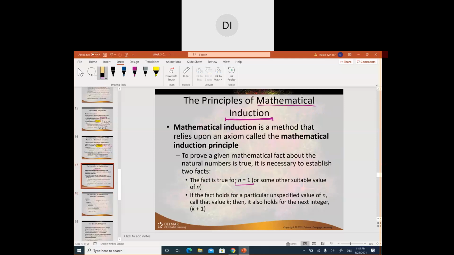So I'm just going to talk about it in general. You're going to prove for n equals 1, is it true? Then after that, you're going to assume that it is true for n, and then you're going to prove it for the next one. Here they're using k. You assume it's true if the fact holds for a particular unspecified value of k.